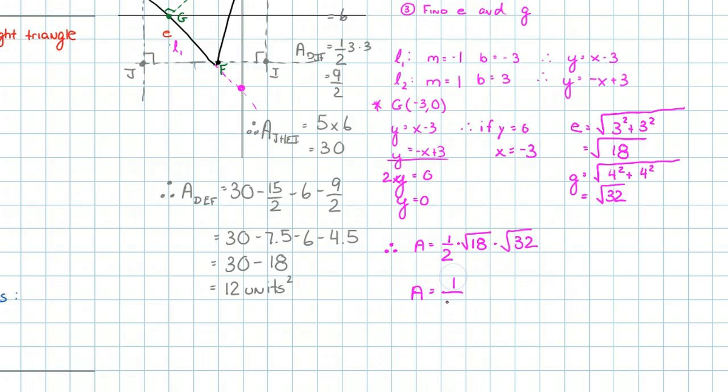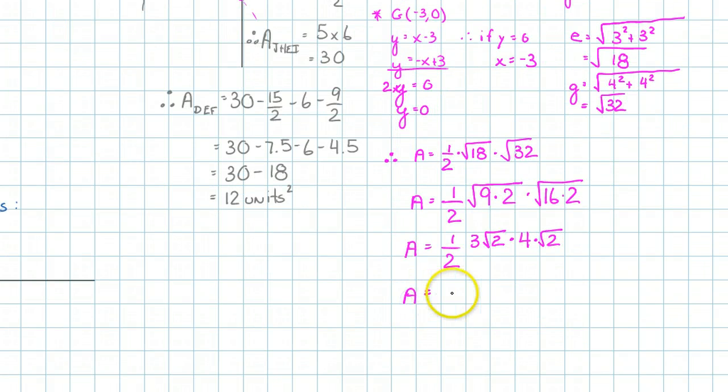So I'm going to do that just to show you. What I do is I take 18 and I break it up into two numbers, one of which is a perfect square, in this case 9 times 2. Then I take 32 and I do the same thing, so that's going to be 16 times 2. So what this allows me then to do is say 1/2, and the square root of 9 is 3 times root 2, times the square root of 16 is 4 times root 2.